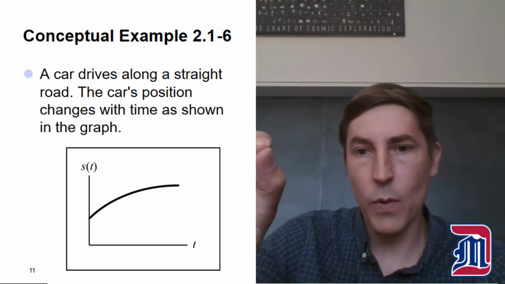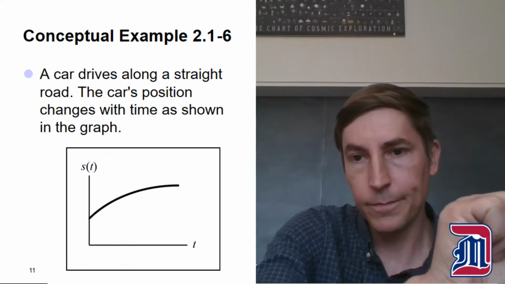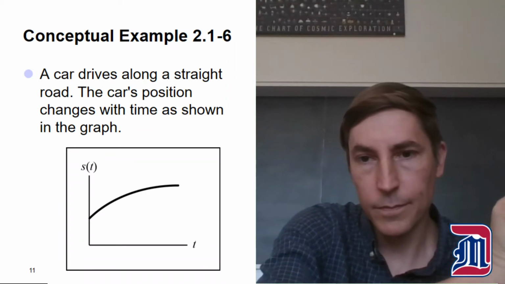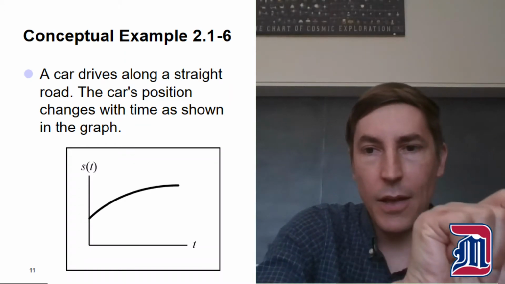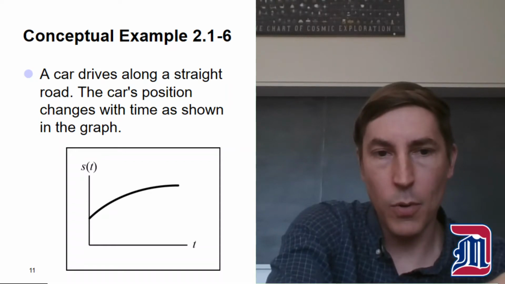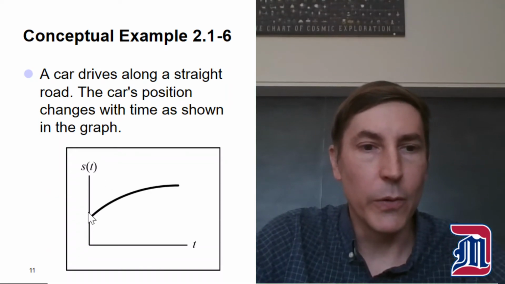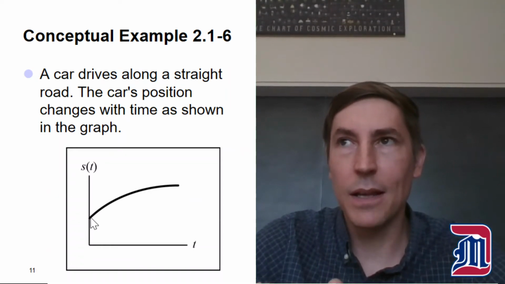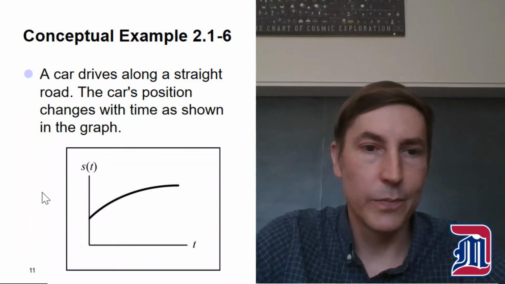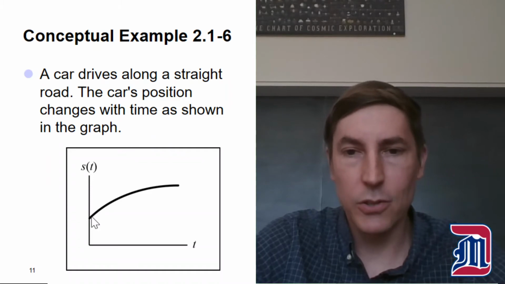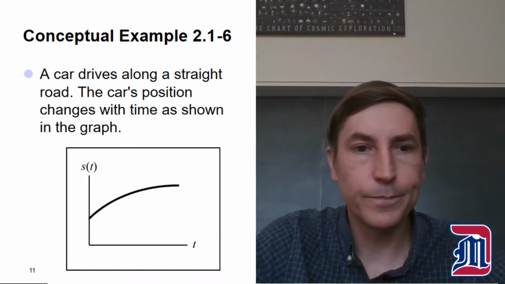The car is going in a straight line. S is where our position is on our number line. That can be a little bit challenging to wrap your head around, so try to think about it that way.